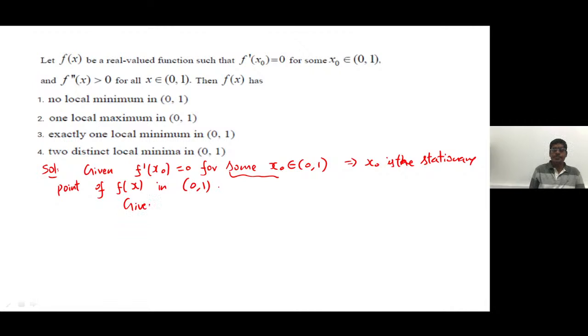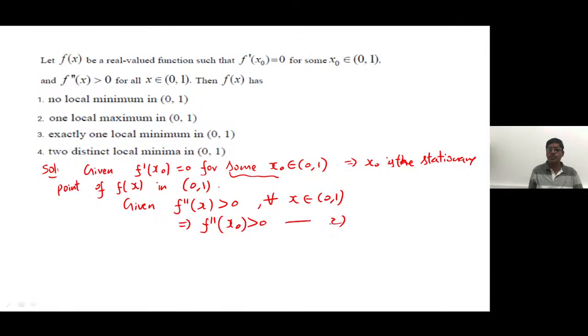given f double dash x greater than 0 for all x belongs to open interval 0 comma 1. So between 0 and 1 there is some point x naught, this x naught satisfying here, that means f double dash x naught greater than 0.